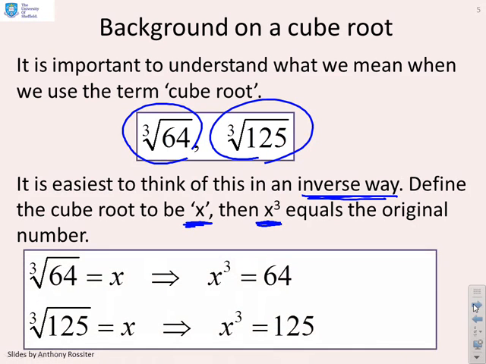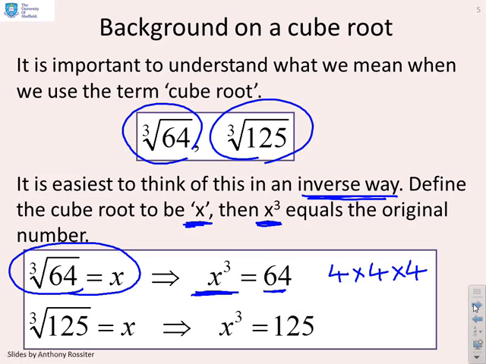So in other words, instead of trying to solve for the cube root of 64 equals x, I'm going to say try and find an x such that when you cube it, you get 64. And clearly I can see that 4 times 4 times 4 gives me 64, so the cube root is 4.